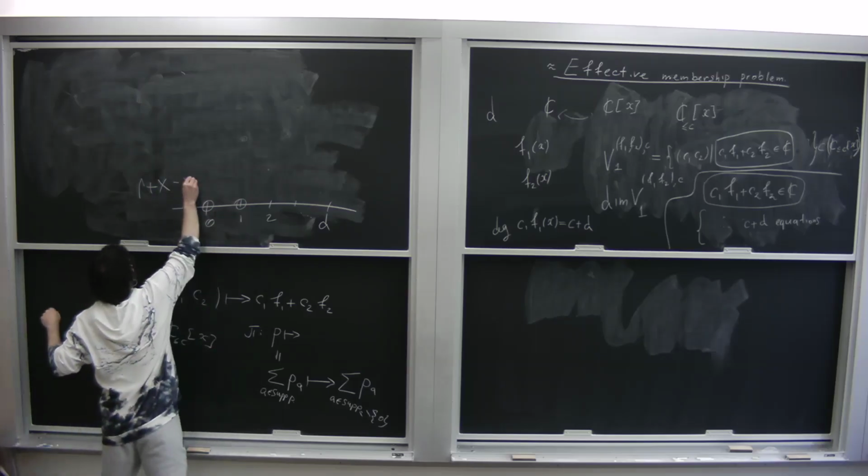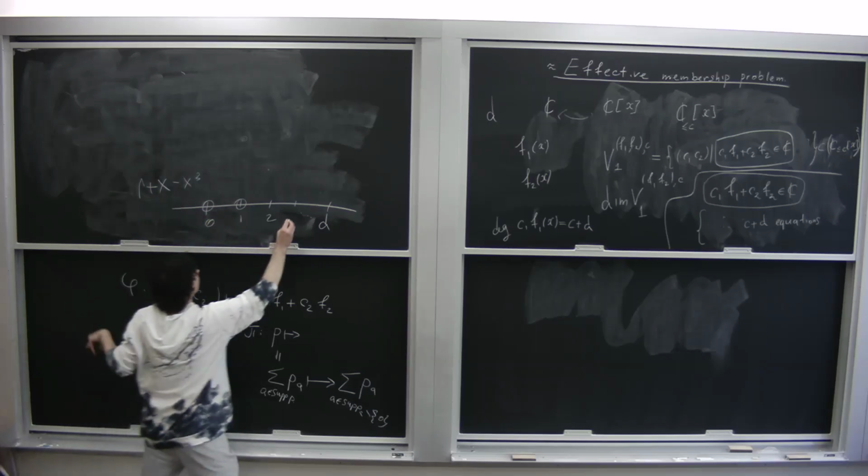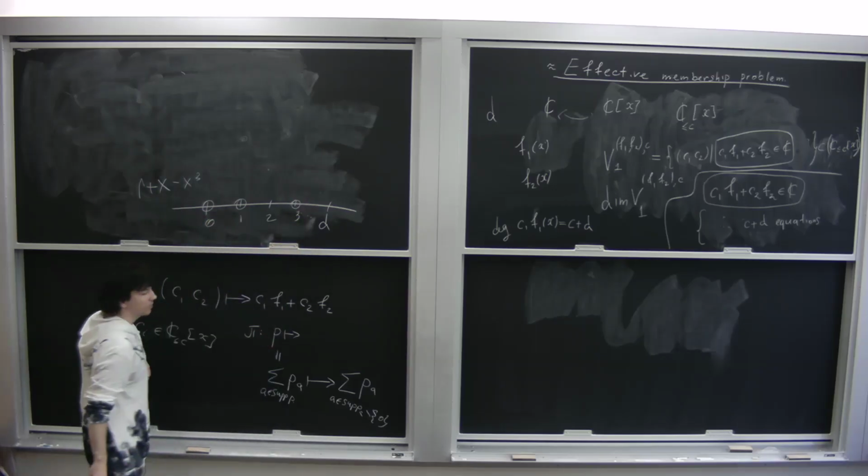If you have it minus x cubed, it doesn't have to be continuous, so we must add 3.